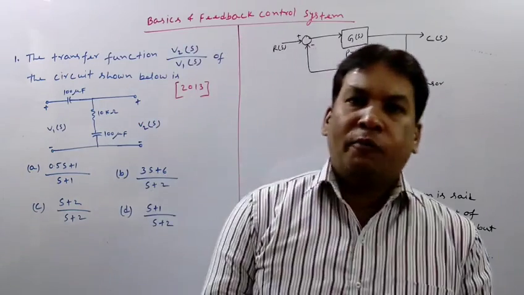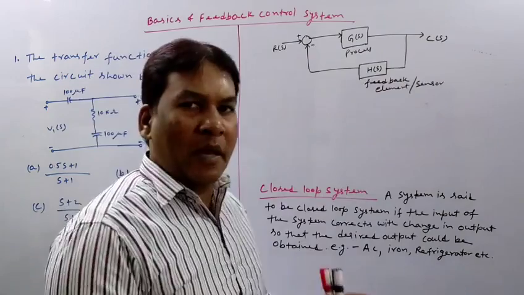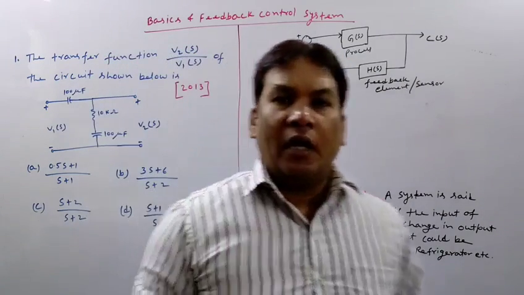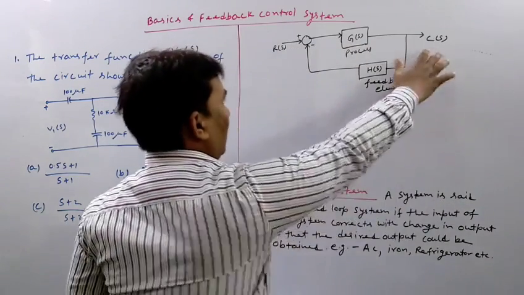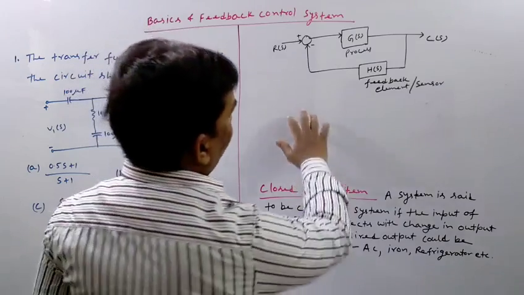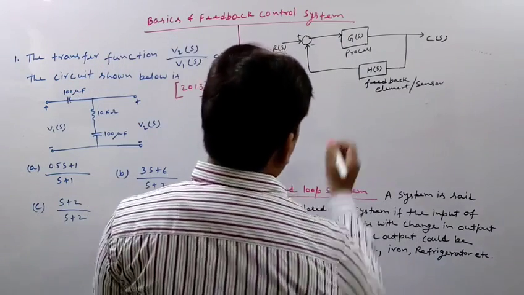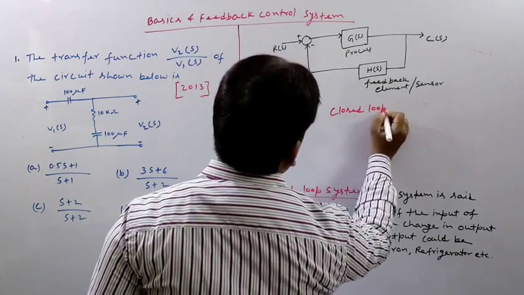Some part of the output is fed back to the input. So the input keeps correcting according to the output, so that we could get the desired output. This is the case of a closed loop system.